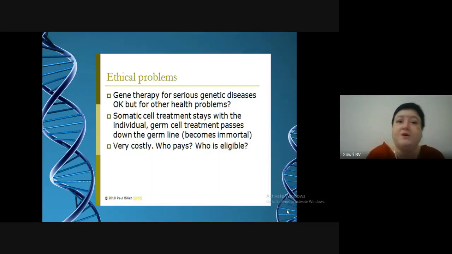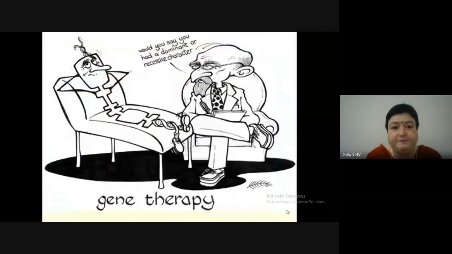Since gene therapy is very costly, who is going to pay and who remains eligible are the ethical questions. I repeat, gene therapy for serious genetic diseases is fine, but for all other health problems it is in no way possible. Somatic cell treatment stays with the individual. Germ cell treatment passes down the germline, so it becomes immortal. It is very costly, and who is going to pay and who is eligible for it.